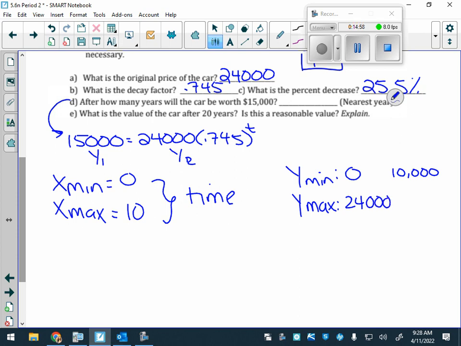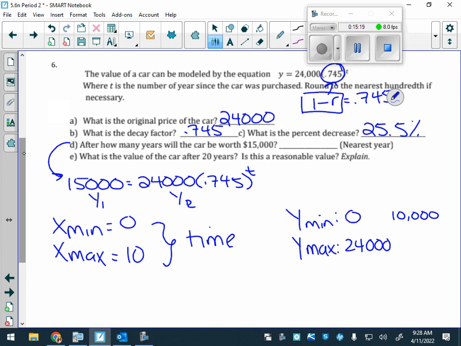Since it's decreasing, we really don't need to see the top, the 24,000. If it was an increase problem, and this was my highest number given, I would do 0 to like 30,000. Okay, I look at the two numbers given, your A, which is this value, and your P. I look at those two to determine my Y value window.